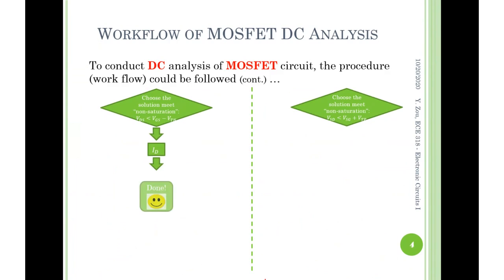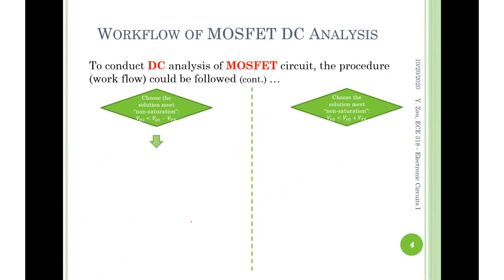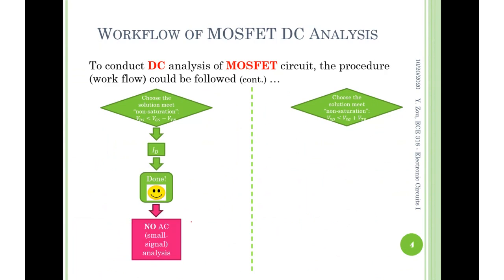And of course, no AC to go. However, the problem might still ask for the ID, VDS, and VGS values. From there, you can find the ID value, then done. For P channel, same thing.